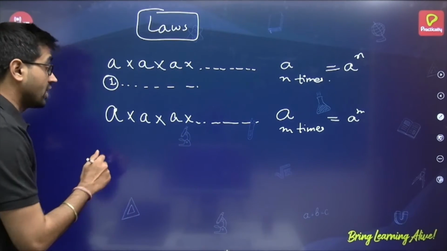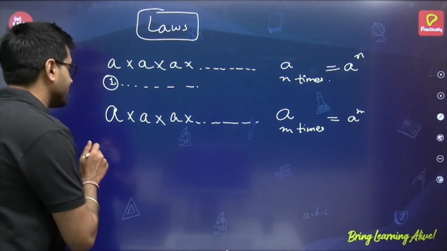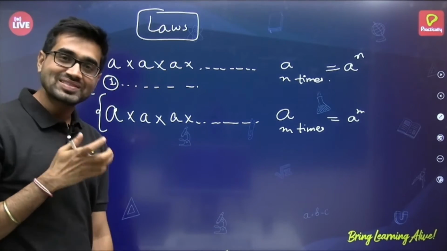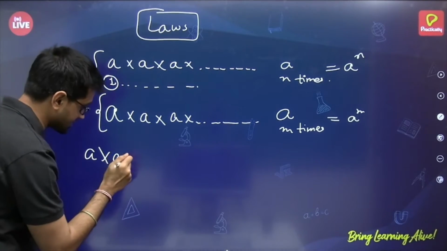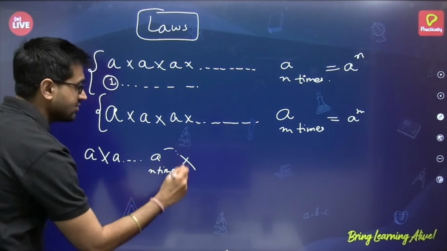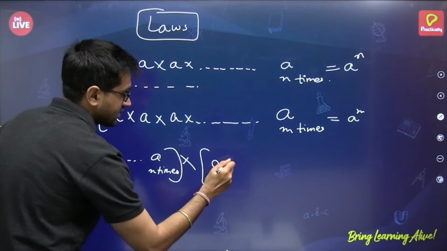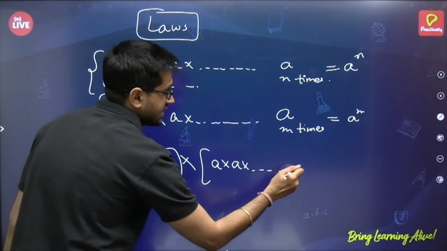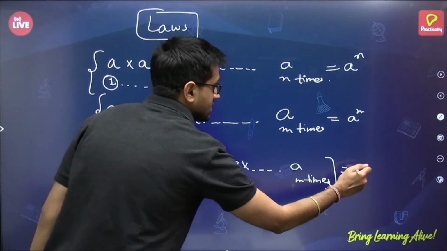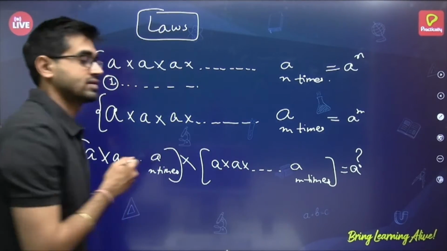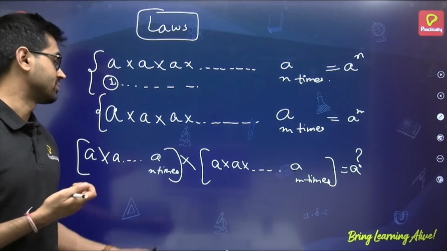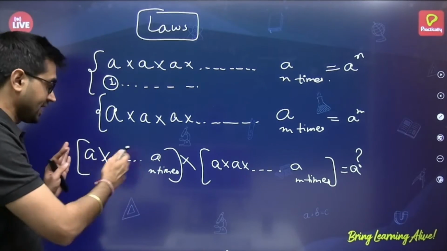Super simple. But what will happen if I multiply this group with this group? Now you understand the magic of exponents, the use of exponents. If I multiply a, n times, with a, m times, it will be nothing but a multiplied n times and then m times.